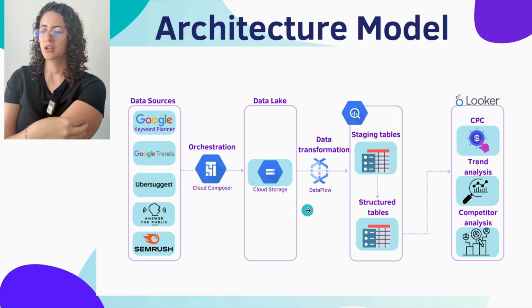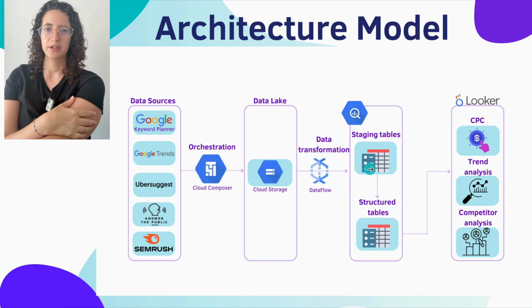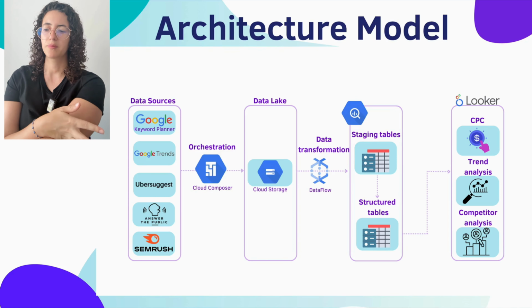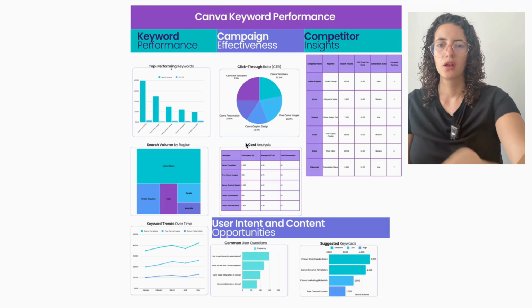Then we're going to be using Dataflow to transform the data and create some staging tables inside BigQuery. And we're going to be using some SQL queries inside BigQuery to build the structured tables. And once we have our final structured tables, we're going to be using Looker to create some dashboards that show the cost per click, the trend analysis, and some competitor analysis.